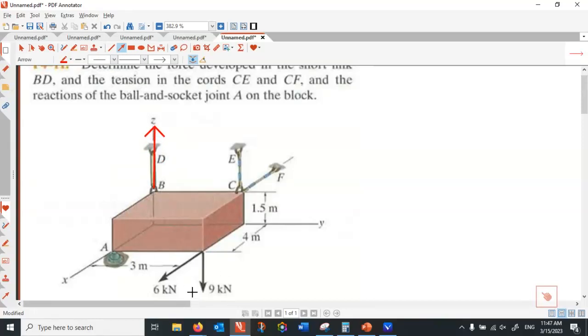If you visualize the application of the load, these cannot make this one under compression. So two-force member, the force is axial from B to D, but the question is is this going to be tension or compression? That is tension. Even if you can't visualize, just assume the positive direction. Later you can check. I call this force FBD.